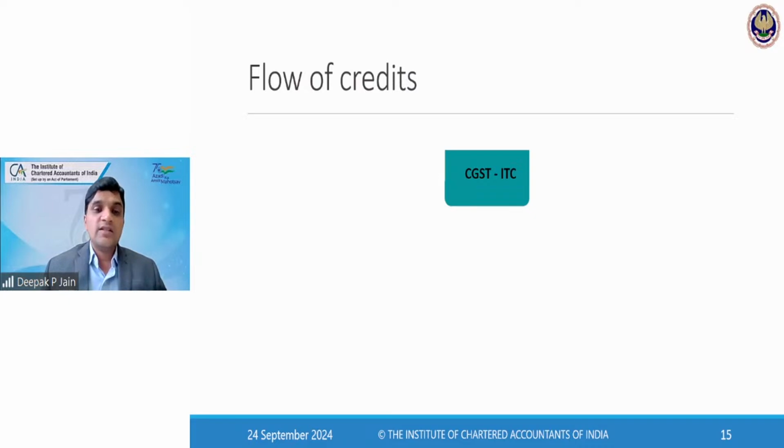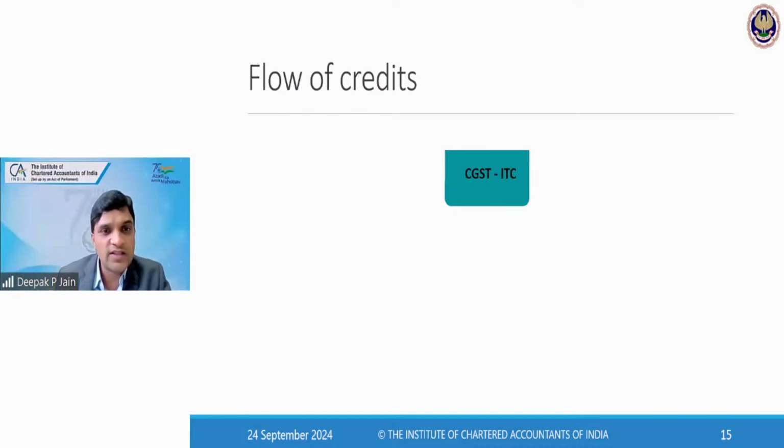So that is called CGST, Central Goods and Service Tax. ITC would mean input tax credit. Once I purchase something and I satisfy all the conditions, then the credit comes to me in my credit ledger, that is called the CGST ITC ledger.